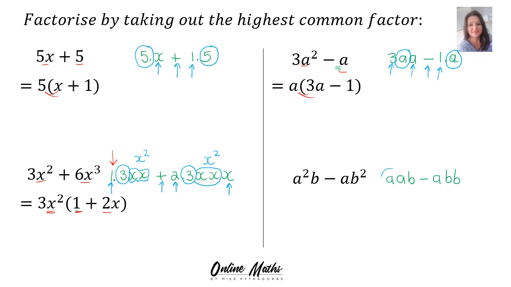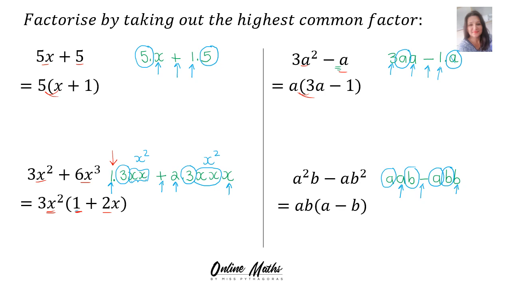So I think it's clear there's this a and the a that we can take out, and a b and one of the b's there. So we're left with the common factor is ab bracket, and then you're left with a minus and this b.